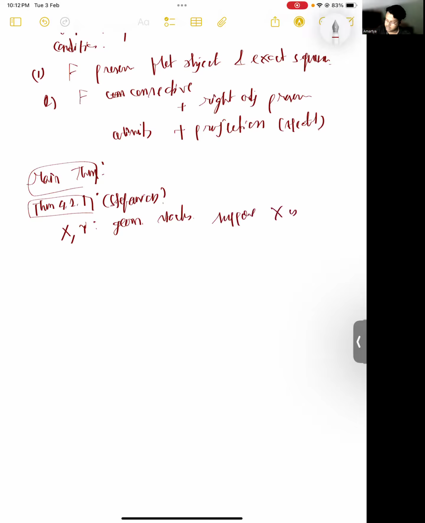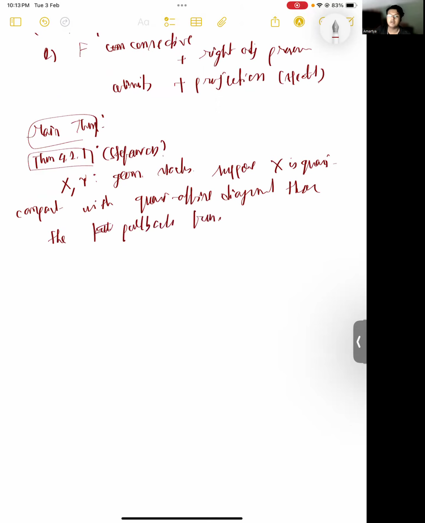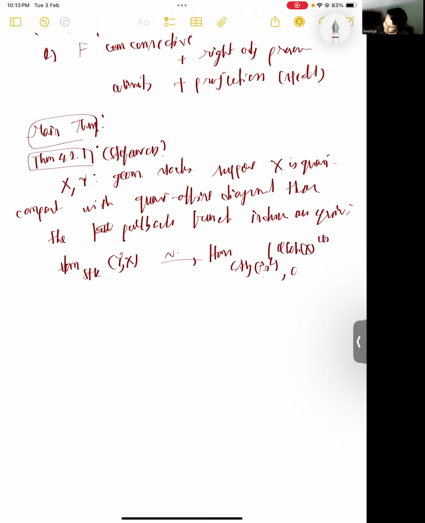Suppose X is quasi-compact with quasi-affine diagonal. Then the pullback functor induces an equivalence, and this is the statement that we will prove, with the target being the category of symmetric monoidal functors, Fun^{L}_{CAlg}(PrL)(QCoh X, QCoh Y).